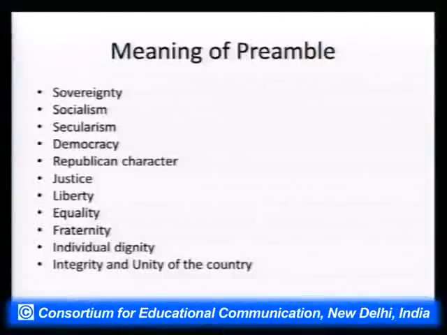Now, justice, liberty, equality, and fraternity are the factors which were analyzed within our Constitution. It amply proves that in a parliamentary or democratic setup, it provides an equal opportunity to each and every individual.